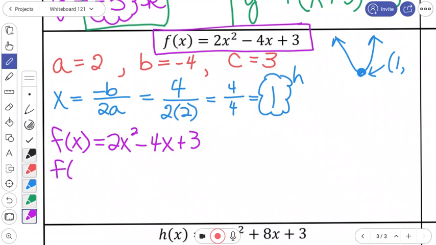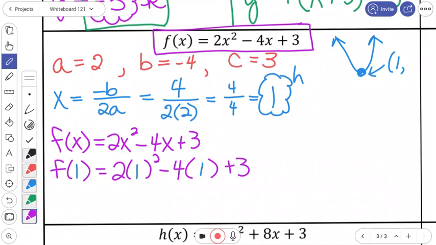So f of 1 should equal 2 times 1 squared minus 4 times 1 again plus 3. And don't forget, anytime you have f of x or f of a value, that just means we're figuring out what the y value is. F of x and y are the same thing.